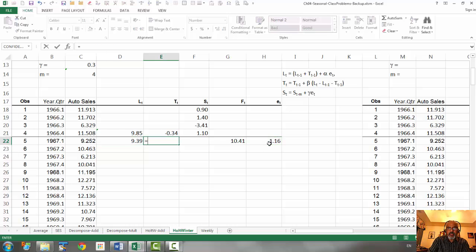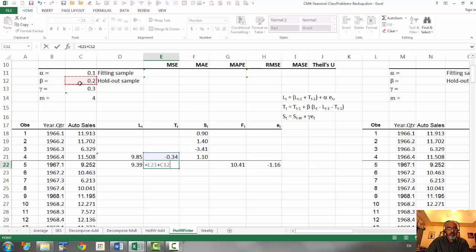Now for T, it is previous T plus beta, absolute reference that, times the L that we just computed minus the L and the T from the previous period.